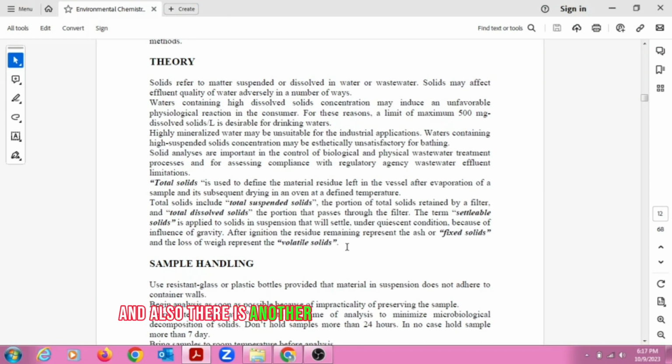And there is also another term, fixed solids. The volatile solids, as I told you earlier, is the organic portion, and the fixed solids represents the ash after ignition, which basically refers to the inorganic portion.